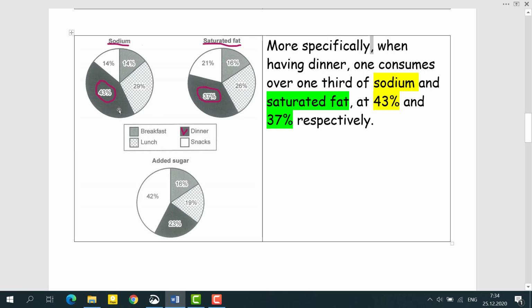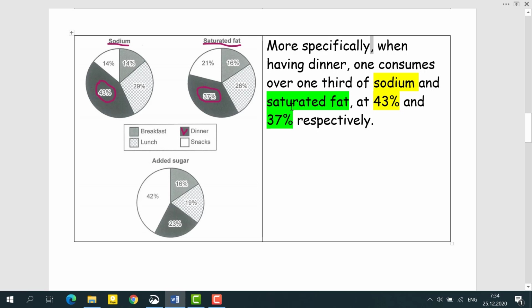Here we have 43%, and here we have 37%. 1/3 means 33% basically, but over means more than 33%, and it's obvious here that we have more than 33%, 37%, and 43%.